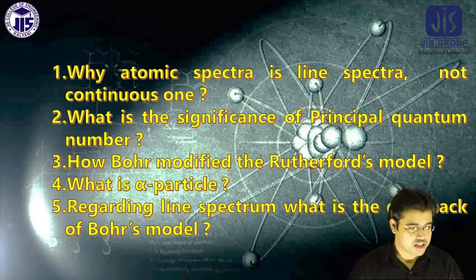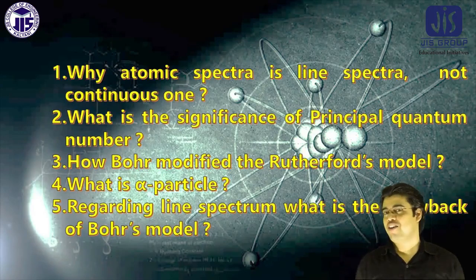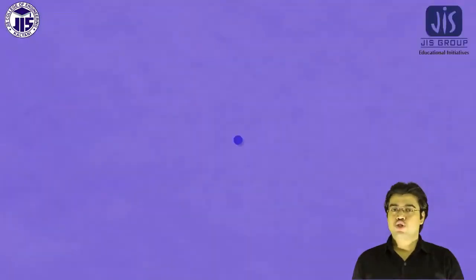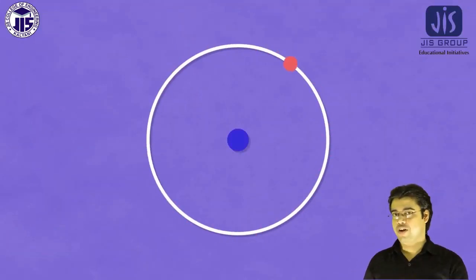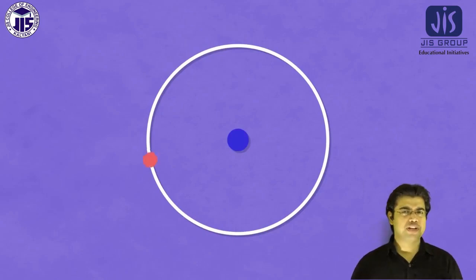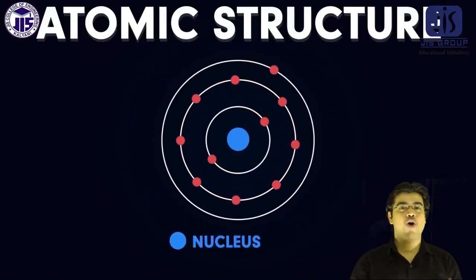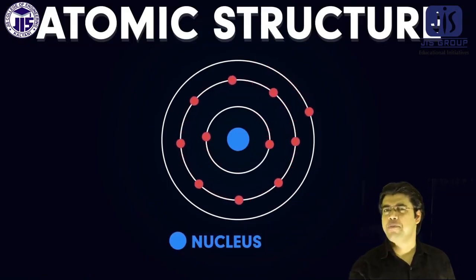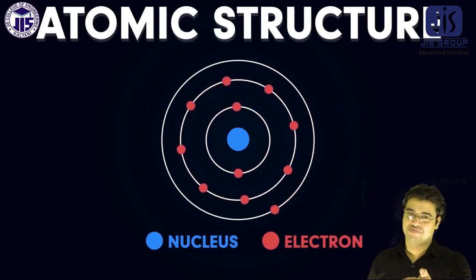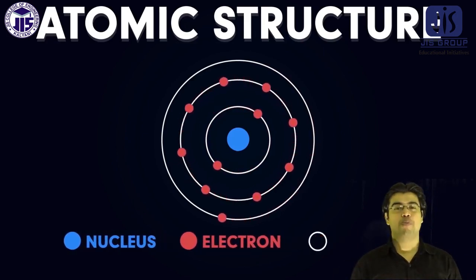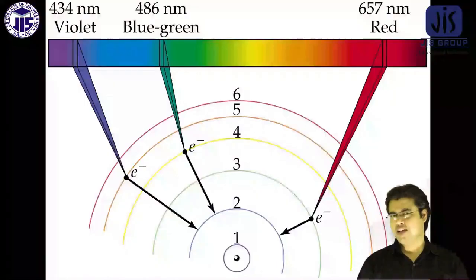The first question was, why is atomic spectra a line spectrum, not a continuous one? Continuous spectrum is generated when light or energy is continuously emitted from the source. Here the source is the atom. Now according to Bohr's model, electrons will not emit the energy continuously.